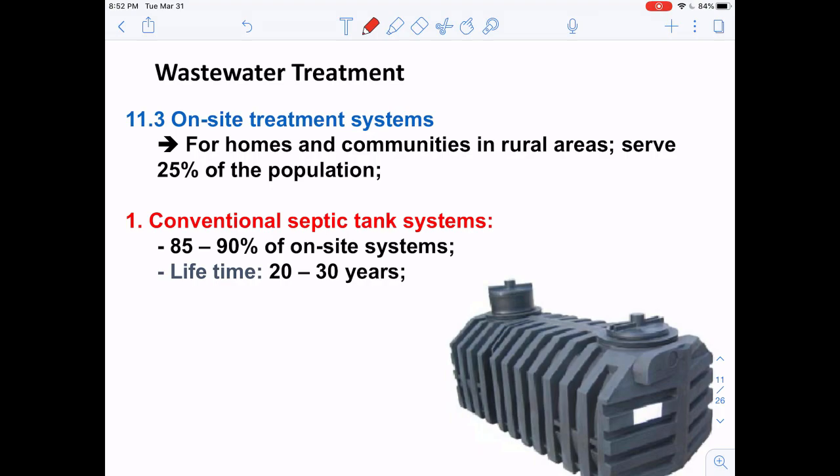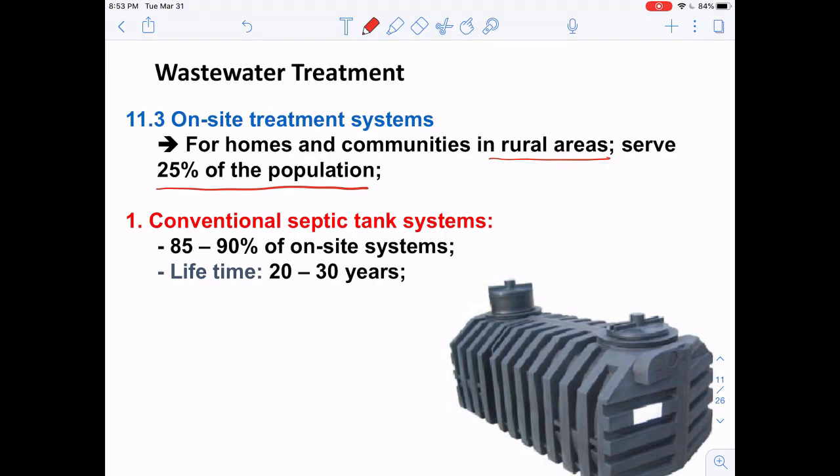On-site treatment systems typically have a smaller volume, right? They can treat the water more efficiently, while they can only accept a small quantity of water. They're designed for homes and communities in rural areas, and they actually serve quite a large fraction of the population, 25%, and the rest is served by wastewater treatment plants.